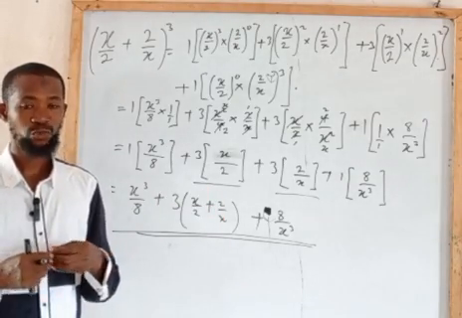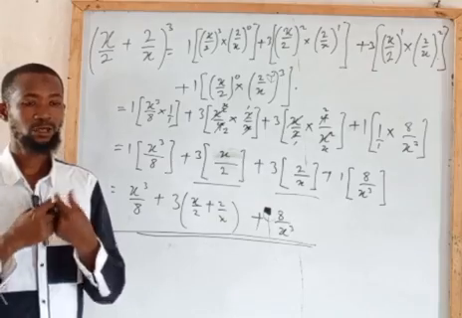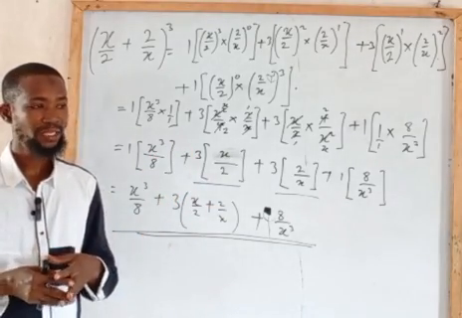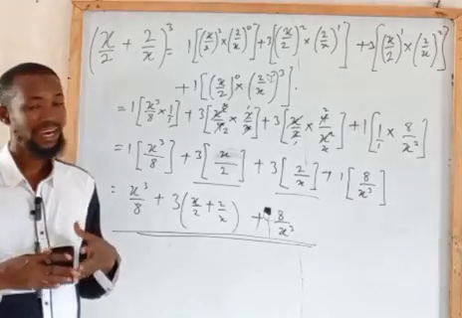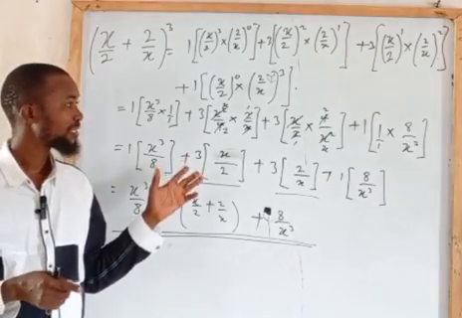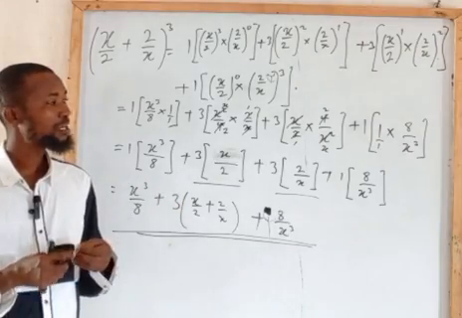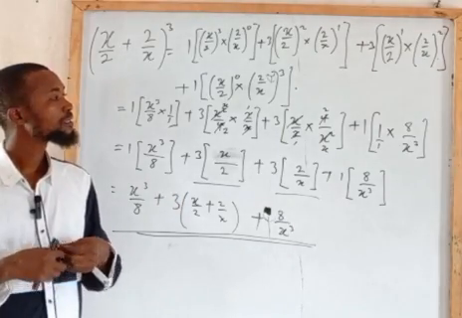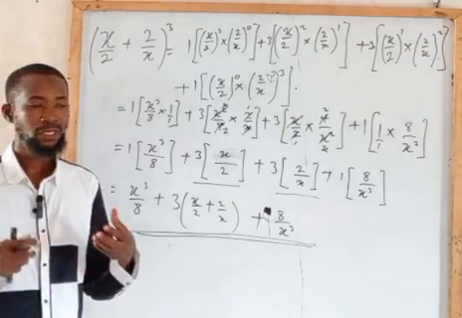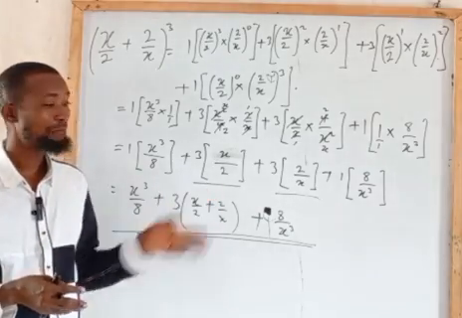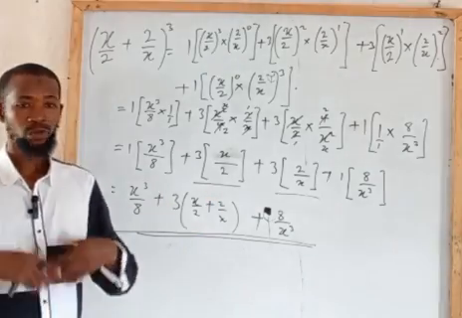Once we know those basic identities, applying them to a given expression or equation makes solving very easy. The other advantage is that it relieves us of the stress of learning some topics, for instance simultaneous equations.